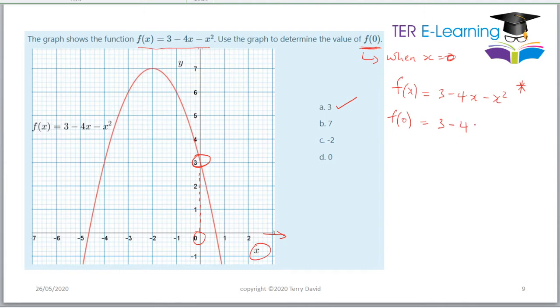So you're going to put a 0 here because x is 0, minus 0 squared. So this becomes 3 minus 4 by 0 is 0, minus 0 squared is 0. So therefore f of 0 is 3. So this here is by calculation, we can get that answer, but I want you to use a graph to work this out. Alright? So the answer is A for this particular one. Okay?